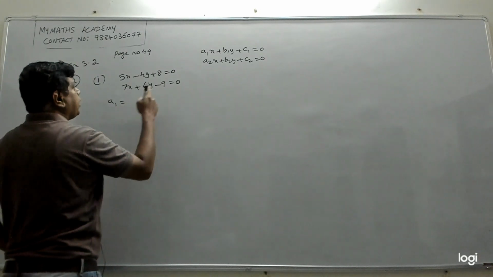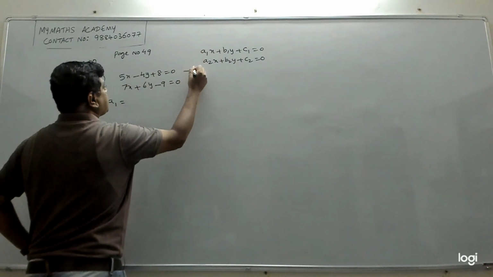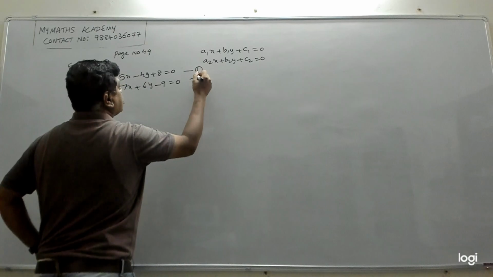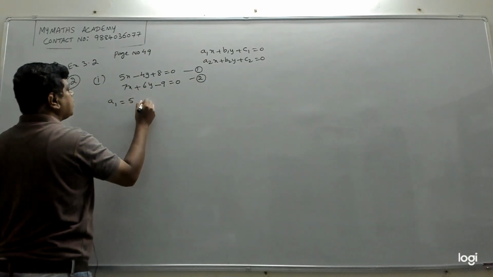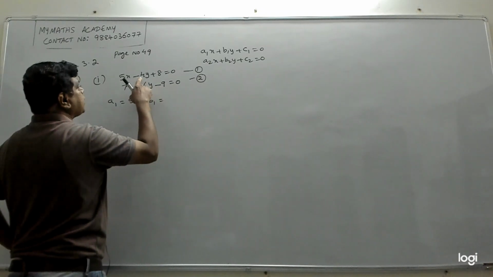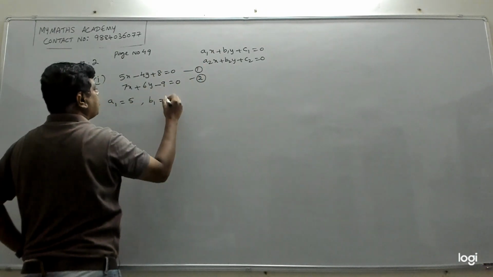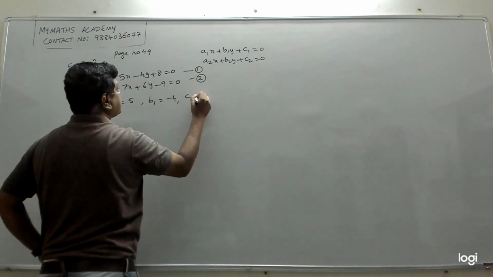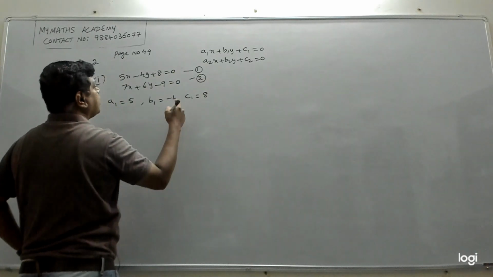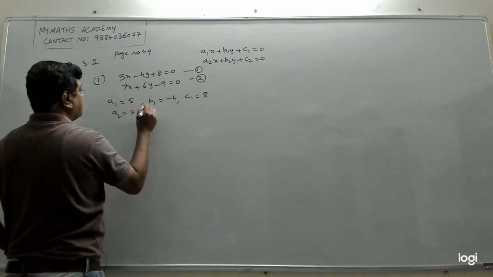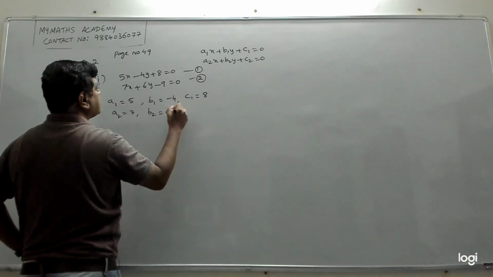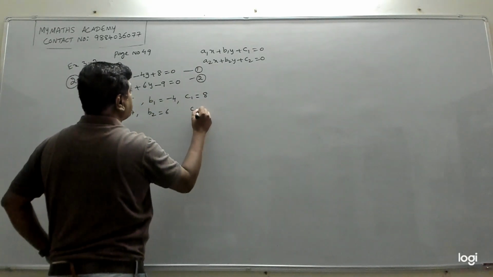This is the first equation, this is the second equation. a1 is the coefficient of x in the first equation. a1 is 5, b1 is minus 4, c1 is plus 8. Again a2 is 7, b2 is 6 and c2 is minus 9.